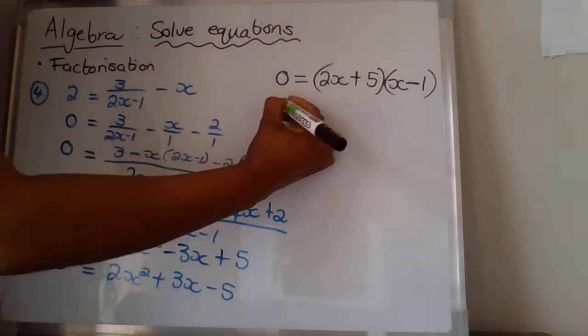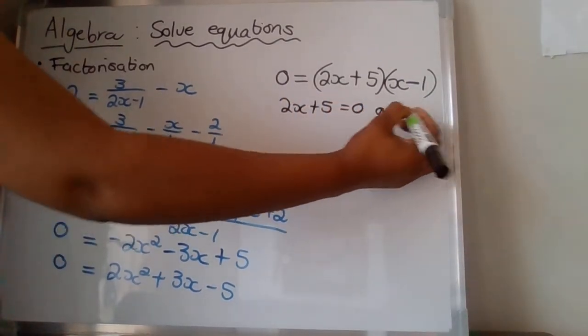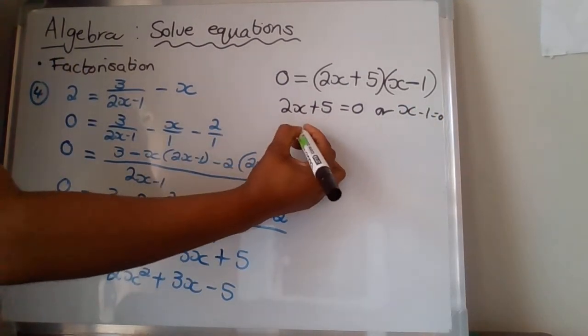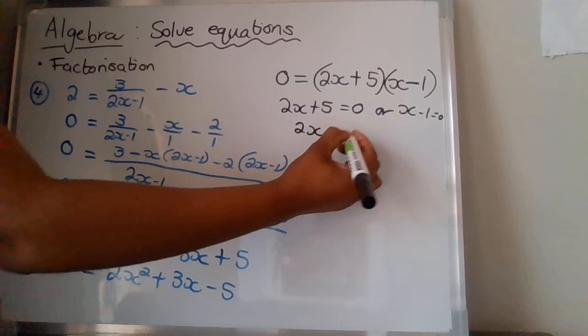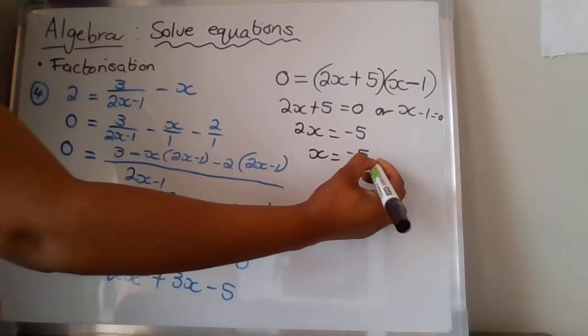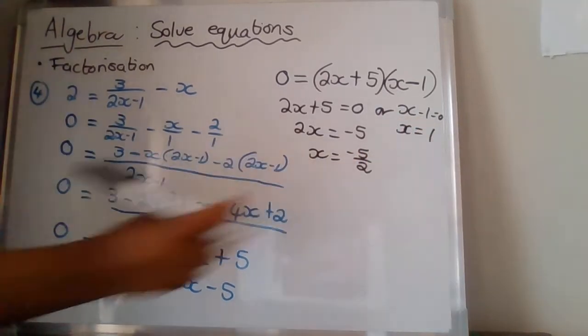So then I have 2x plus 5 is equal to 0, or x minus 1 is equal to 0. So this tells me that 2x is equal to minus 5, x is equal to minus 5 over 2, or x is equal to 1.